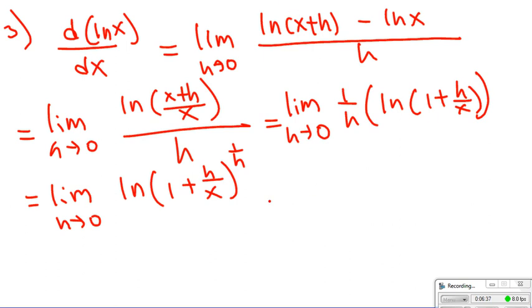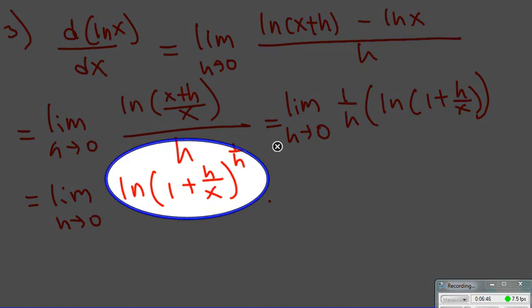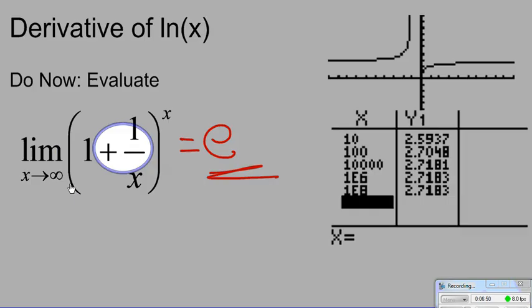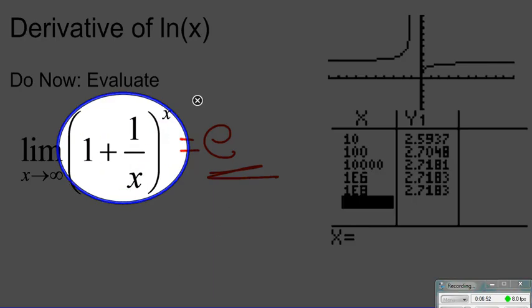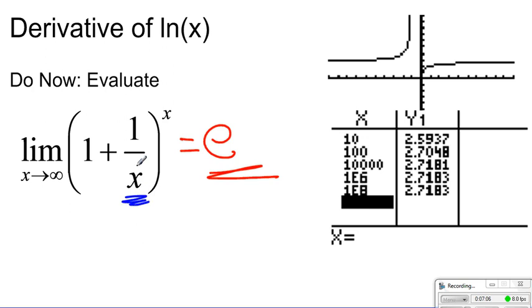Once you look into this portion, you will realize that it is very similar to the previous page, which is right over here. But they're not exactly the same. As you can see, h over x, where x is a constant and h is the variable, can be comparable to 1 over x.